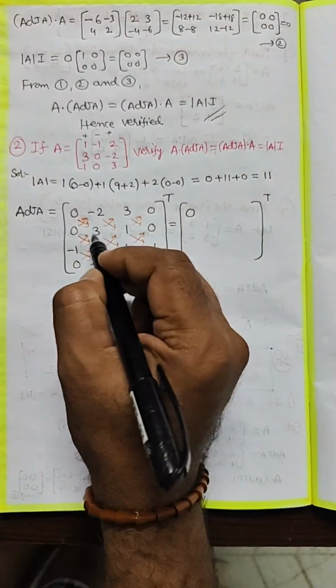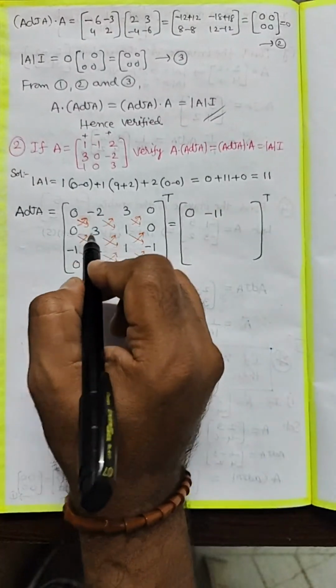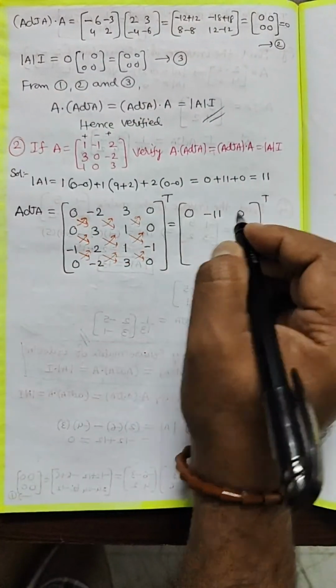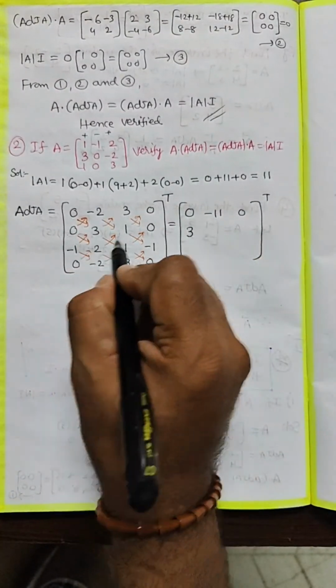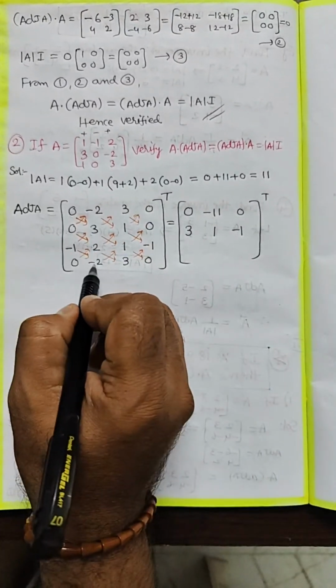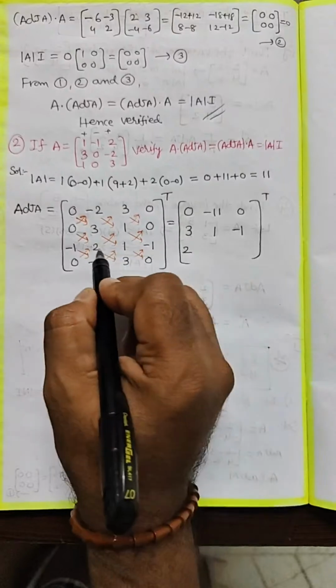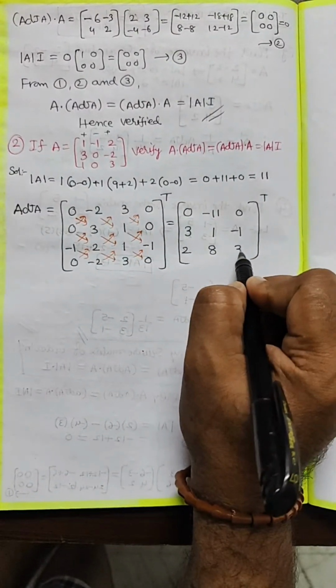Next minus 2 minus 9, minus 11. Minus 2 minus 9, 0, 0. Next 0 minus of minus 3 plus 3. 3 minus 2 1. Minus 1 minus 0. 2 minus 0. 6 minus of minus 2, 6 plus 2, 8. 0 minus of minus 3 plus 3.